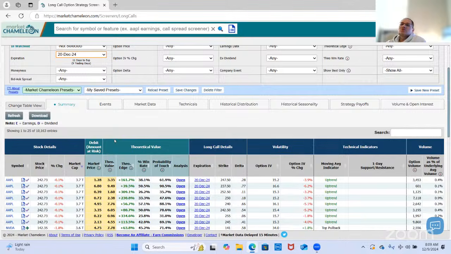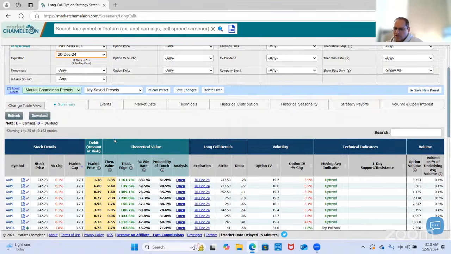Because if the stock doesn't move at all, let's say just sits still at one price forever, well, then all these options will be worth zero because the stock won't move. And then why would you pay for an option to buy the stock at a higher price if you don't think it'll move to that higher price?